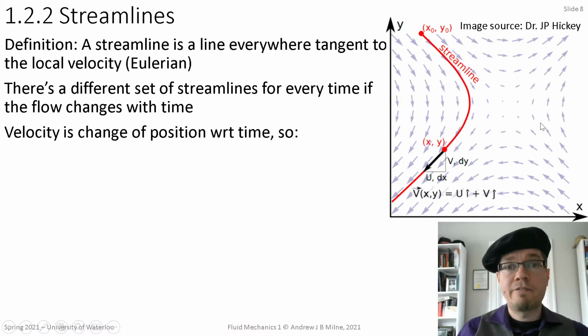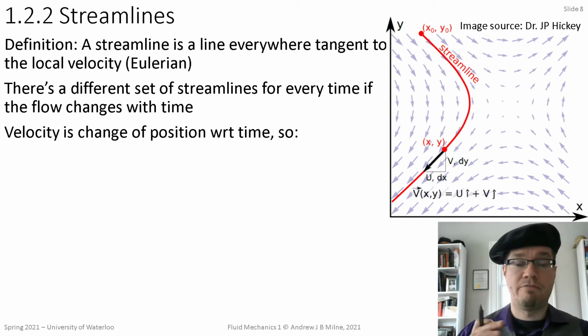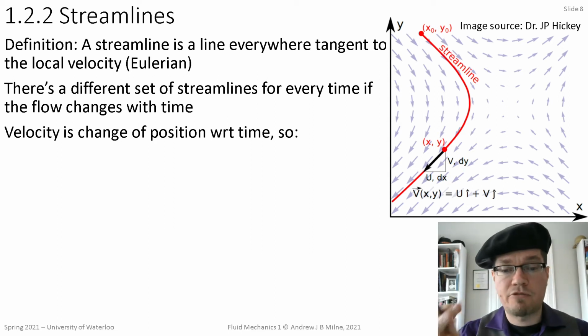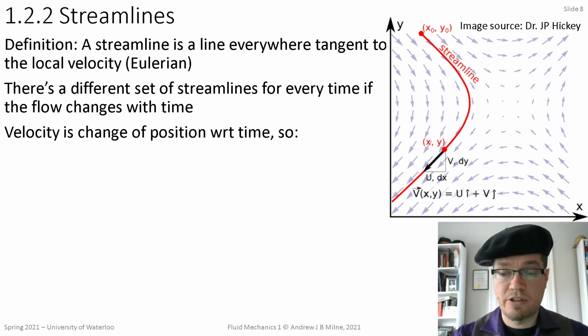So of the three flow visualization lines, the streamline is probably the most useful. It's got a very mathematical, rigorous definition. A streamline is a line everywhere tangent to the local velocity. So it's very much an Eulerian perspective. You have to consider the entire velocity field like we've got up here in the upper right. So if you have that entire velocity field, then the streamline starts at whatever point you want to consider it starting at.